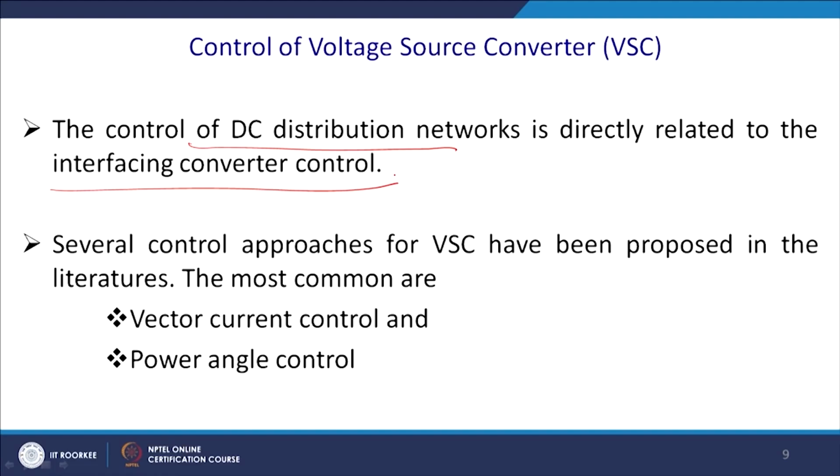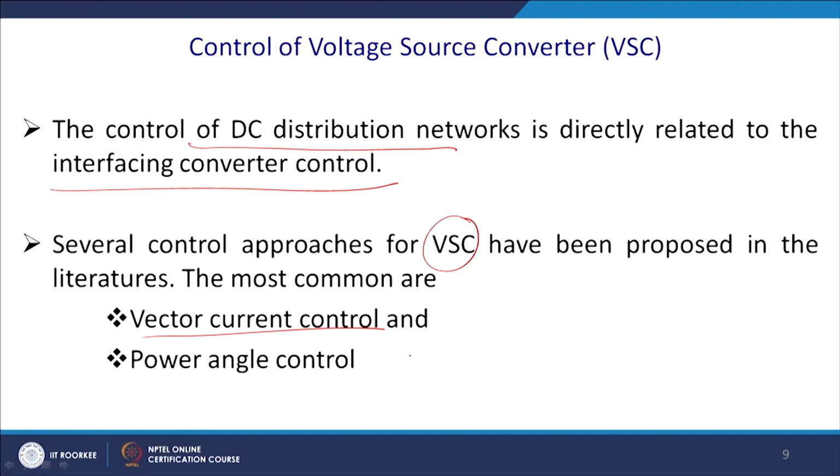Several control approaches for voltage source converters have been proposed in the literature. The most common are the vector current control and the power angle control. We have touched both those topics in AC microgrid.